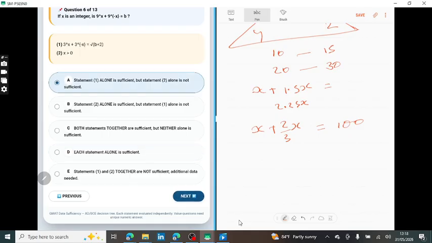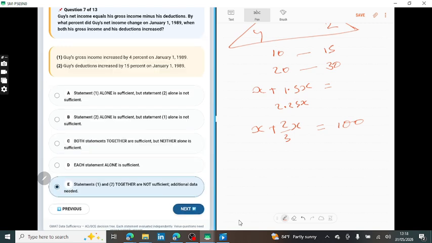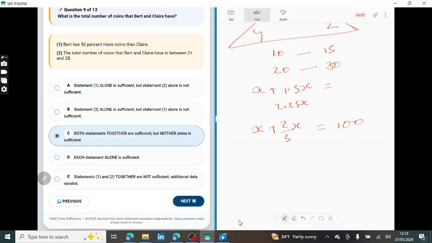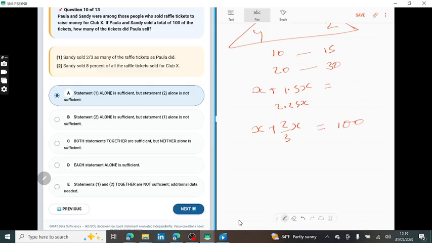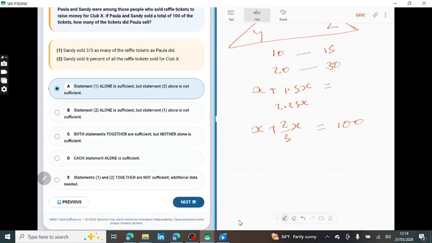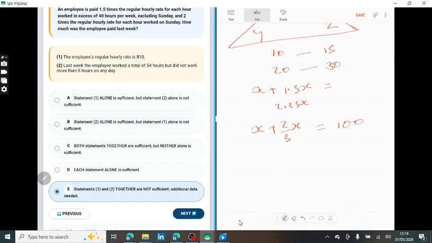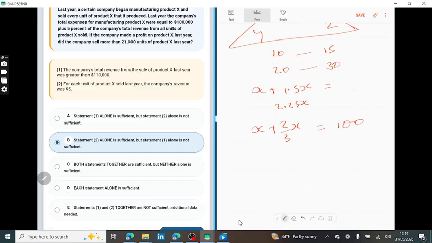This one is A. This one is E. This one is A. This one is C, red and clear. This one is A. This one is B. An employee, this one is E. This one is B.